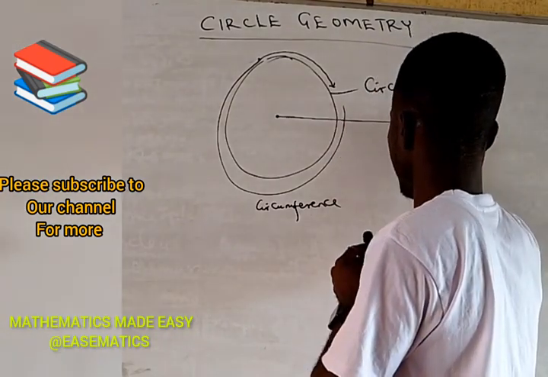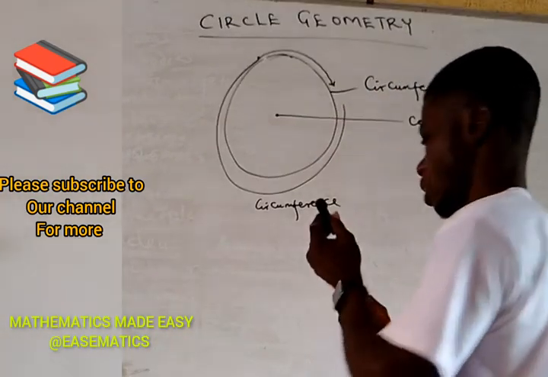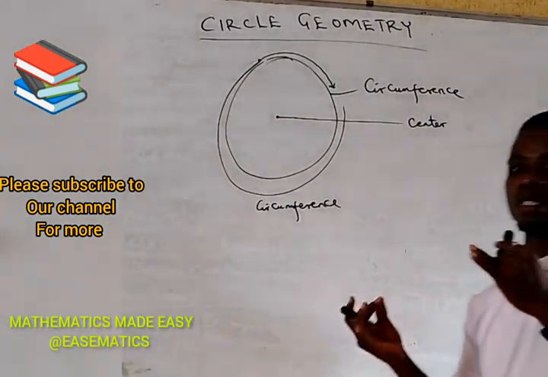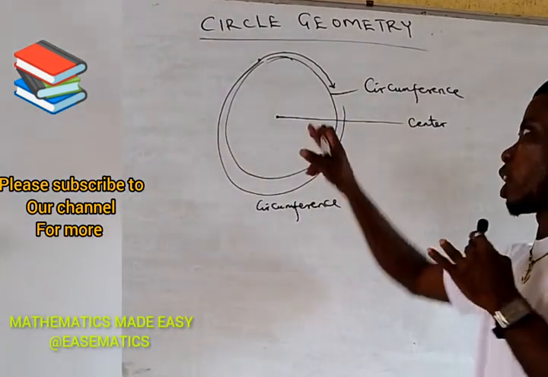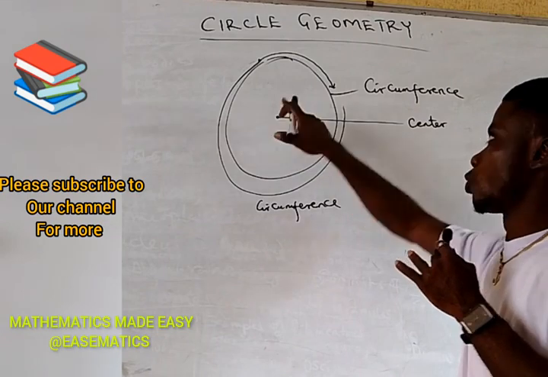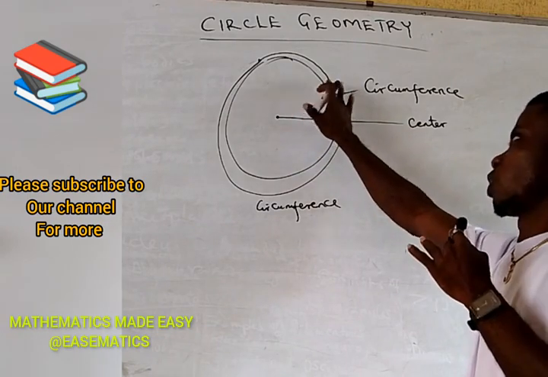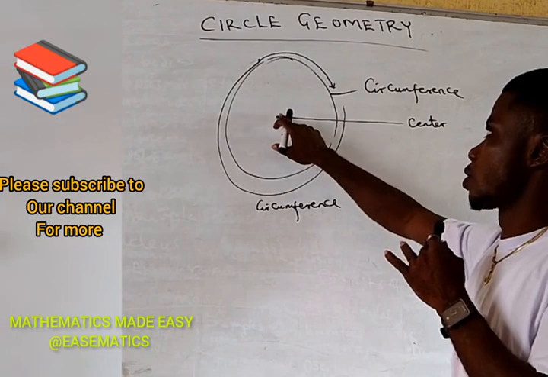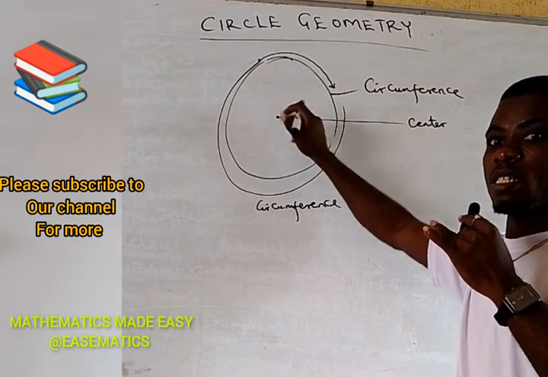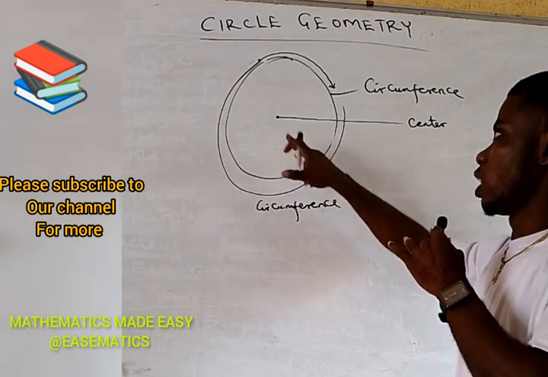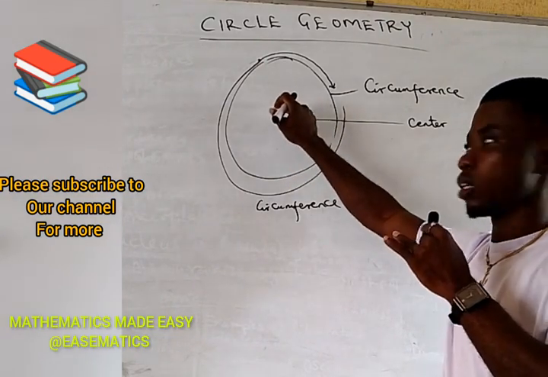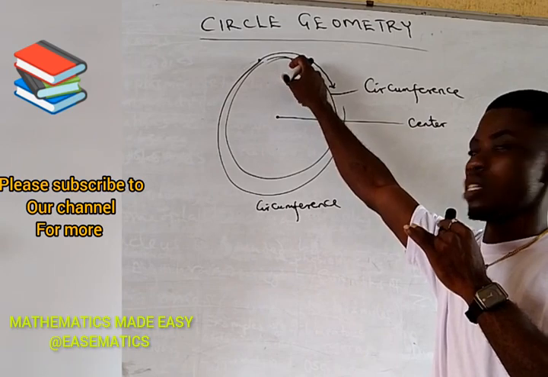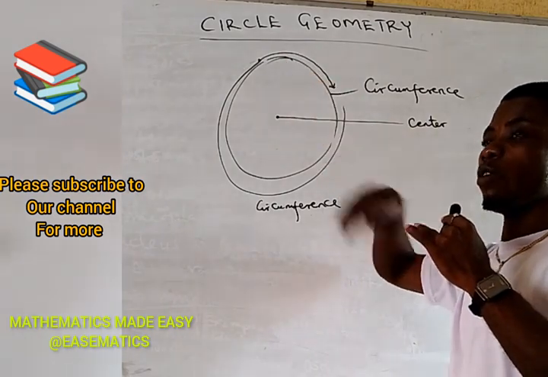Okay. Another part of a circle we need to know is the center of the circle. When we talk about the center of the circle, it is just a center point, or a focus point where any distance measured to any part of the circle, which we call the circumference, that is the outer part of the circle, will be equal.